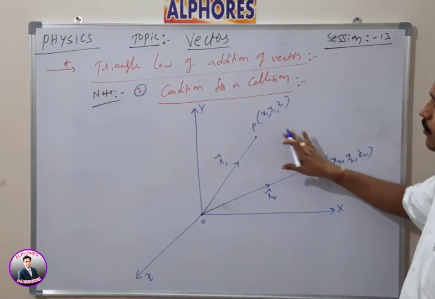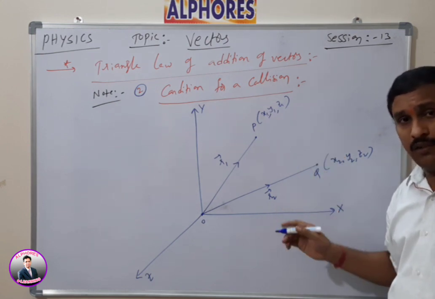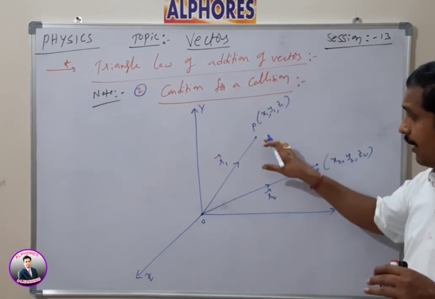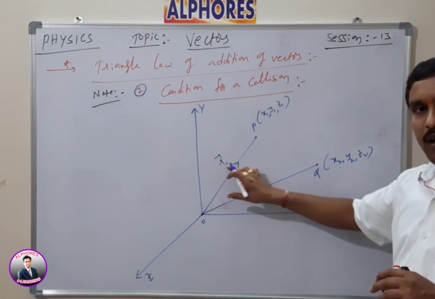These are the initial position coordinates of the particles at time t equal to 0, when the particles are initially at point P and Q.